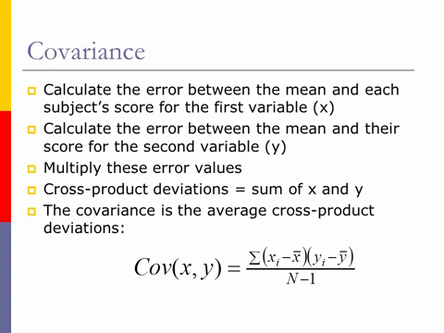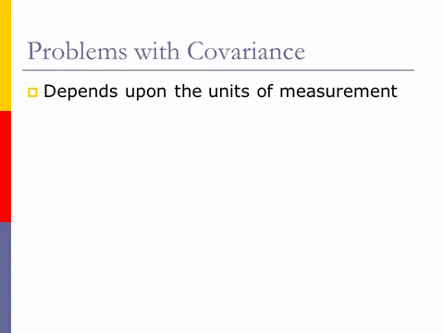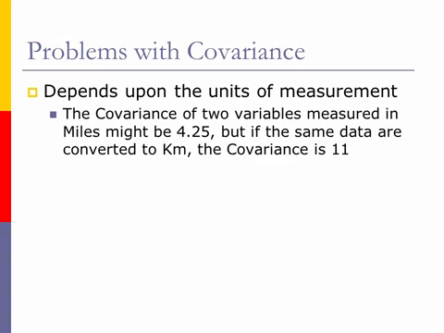Now you can kind of look and see that we probably have a problem with the covariance. It definitely depends upon the units of the measurement. So if you look at two different variables, say one is measured in miles and one is measured in kilometers, they can have different covariance values. One could be 4.25 and one could be 11. But it's the same data.